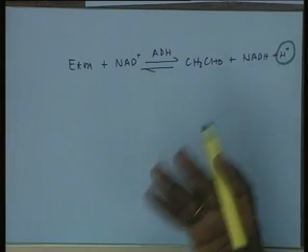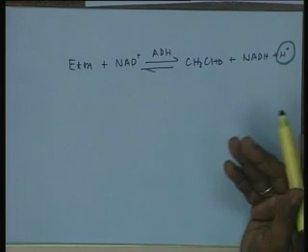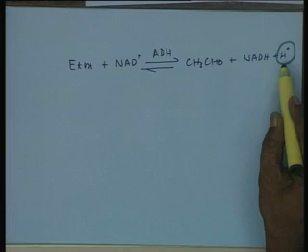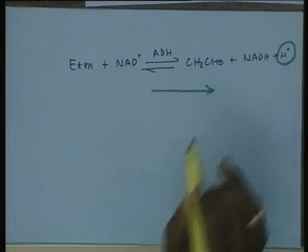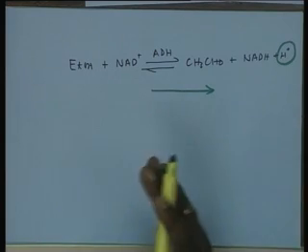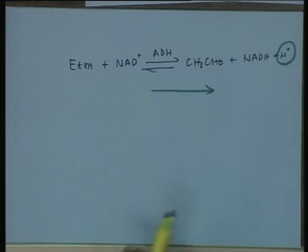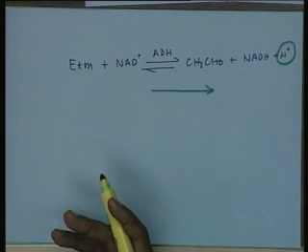So by taking a buffered reaction mixture at a higher pH, the concentration of hydrogen ions in the reaction mixture can be maintained at a very low level, and the reaction can be driven in the forward direction. Similarly, if you reduce the pH of the buffer in which the reaction takes place, you can also bring down the equilibrium constant of the reaction significantly.